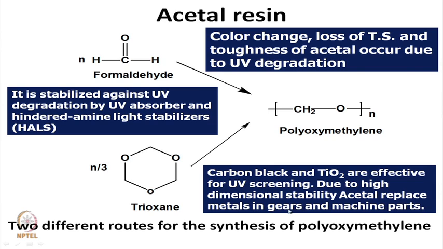That means polyacetal gears can be used in place of metals, and some machine parts can also be made in place of steel. So, this polyoxymethylene is a very good polymer for mechanical or engineering applications like gears and machine parts.